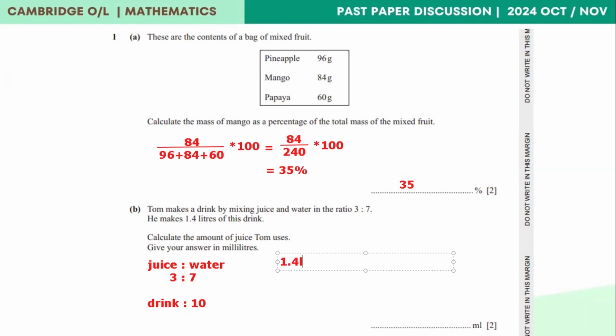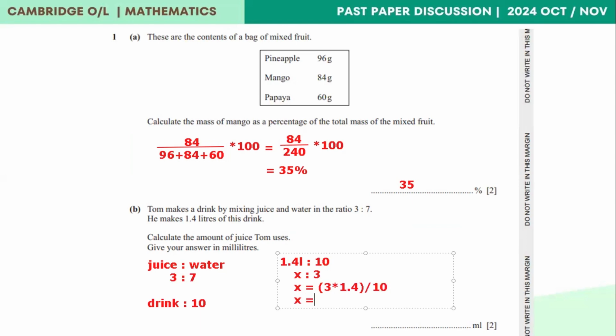So 1.4 liters is to 10. We are finding X, which is to 3. Now we can cross multiply. So X is equal to 3 times 1.4 divided by 10.